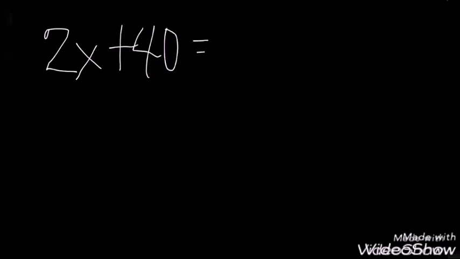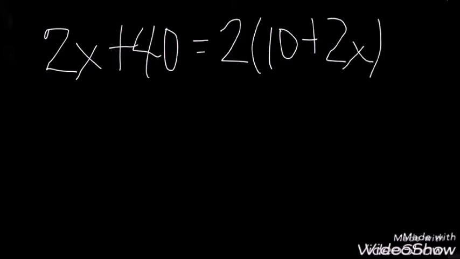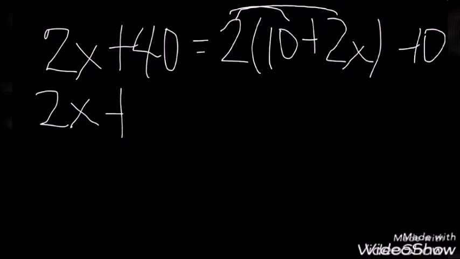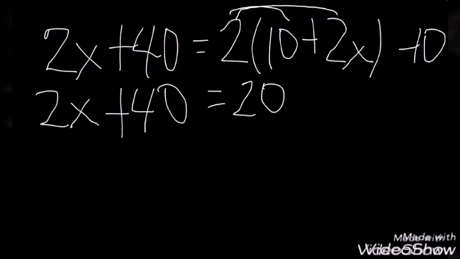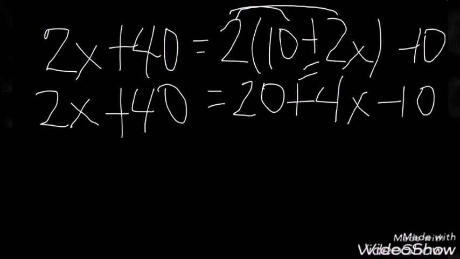In distributing, we distribute 2 to these two numbers. 2 times 10 is 20. Since it's plus, we keep plus. And then 2 times 2x is equal to 4x minus 10.